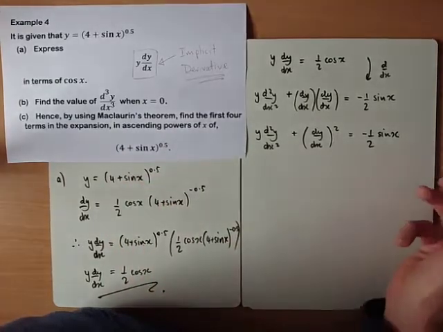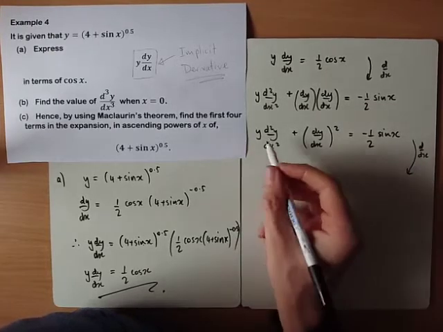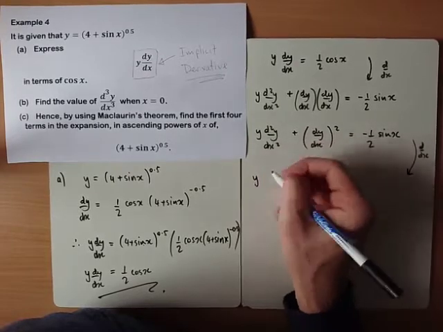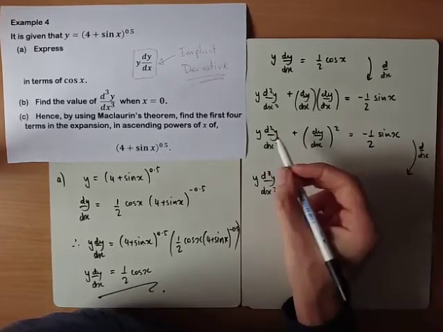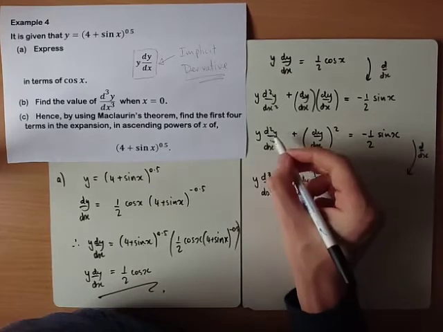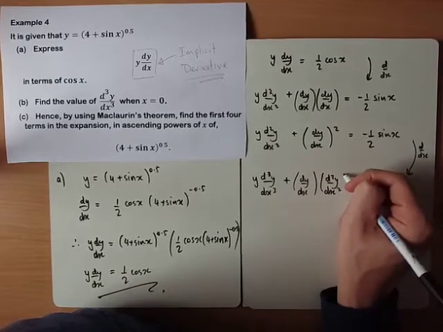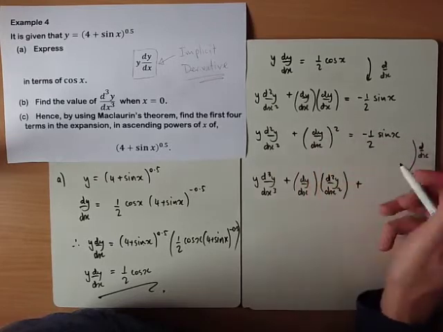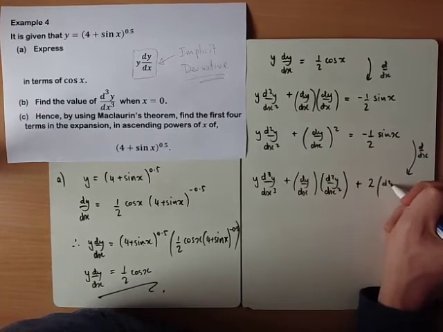Okay, so if we differentiate again with respect to x, product rule, so that would be y d3y by dx cubed plus dy by dx times by d2y by dx squared plus chain rule, function inside the function, times by the power, times by the derivative, which would be d2y by dx squared.